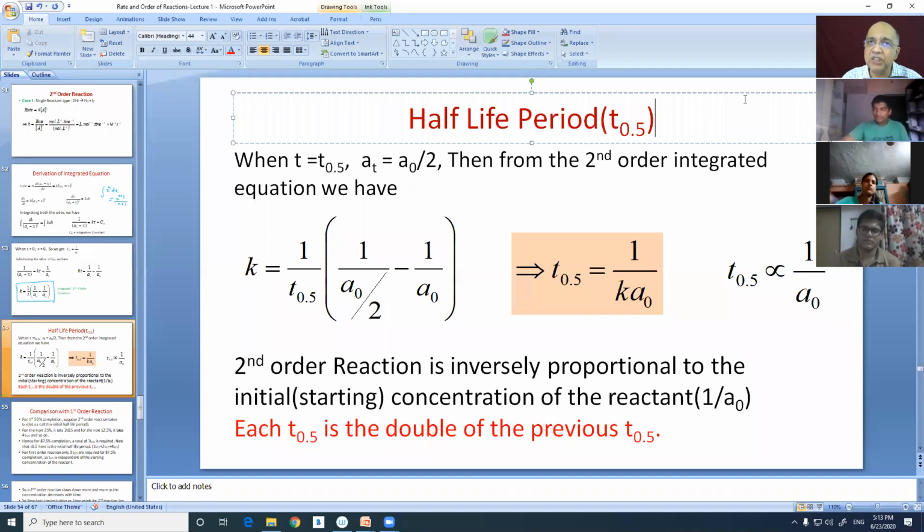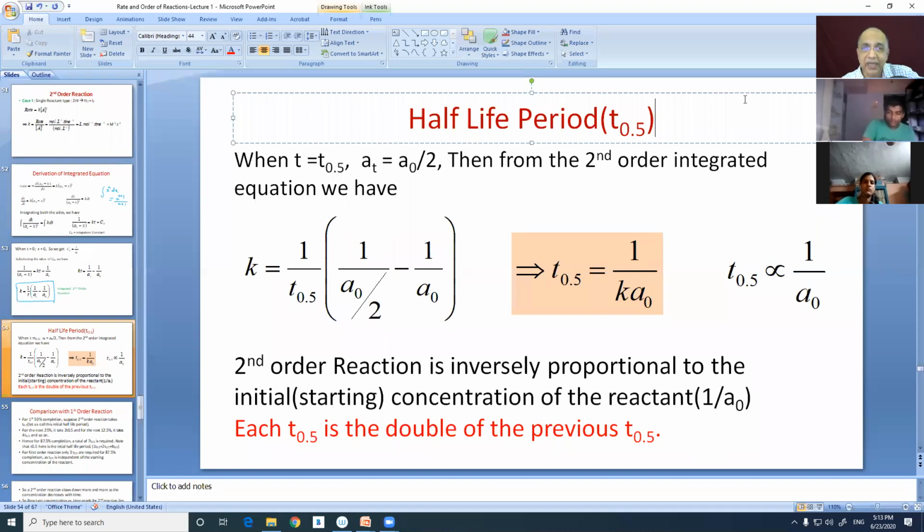While in first order, only 40 minutes would have gone. But in case of second order, 3 initial half-life periods gone. For the first t.5 and for the second 50%, that means from 50 to 25, 2 times the first half-life period. So the total becomes 3 half-life periods, 3 into 20.